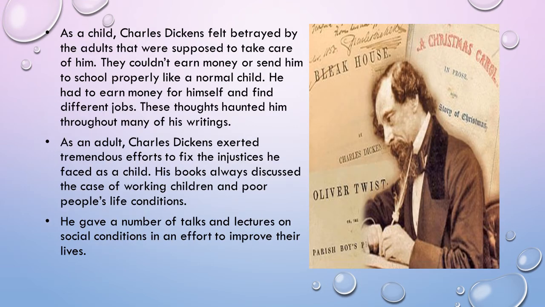As a child, Charles Dickens felt betrayed by the adults that were supposed to take care of him. They couldn't earn money or send him to school properly like a normal child. He had to earn money for himself and find different jobs. These thoughts haunted him throughout many of his writings. He wrote about these ideas a lot in his books.